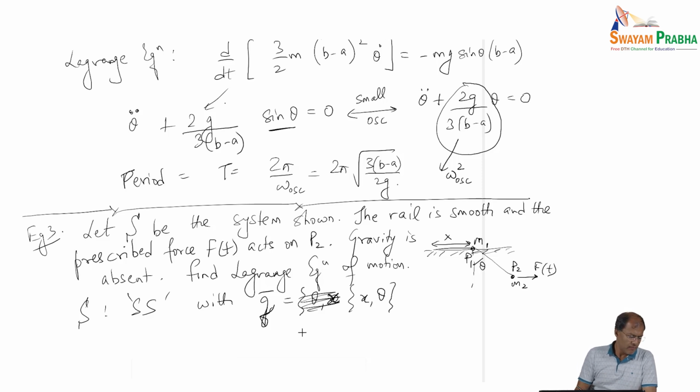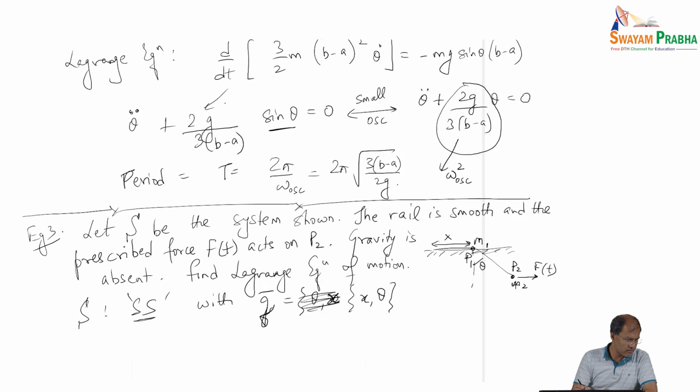Notice that this is a problem where we have an external force F of t acting on the second mass, which means that the system is not conservative in general, because we are driving it with an external force. So this falls under the category of the standard system, and we have to write down the Lagrange equation for the standard system.